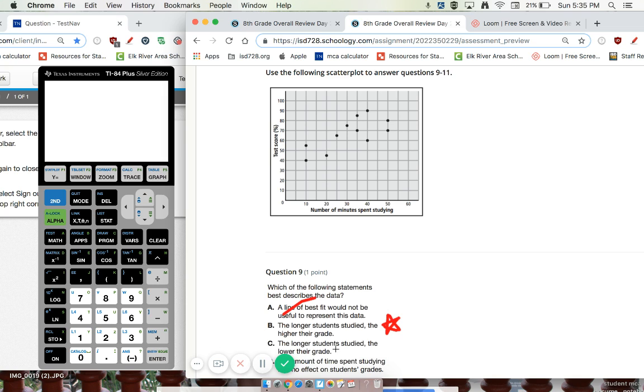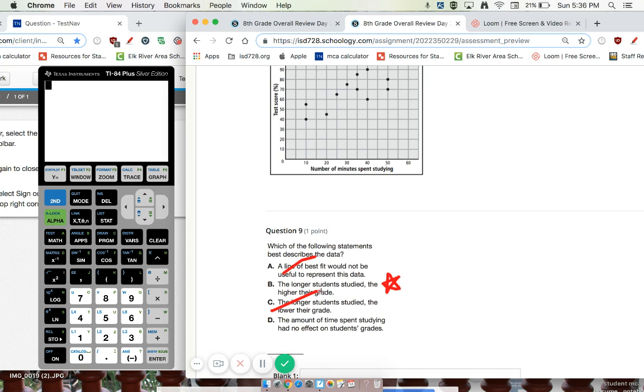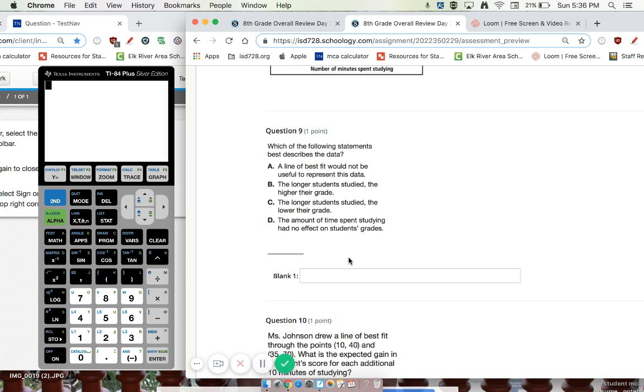The longer students studied, the lower their grade, that would be a negative slope, and this is definitely positive. So no, that one's definitely not it. The amount of time spent studying had no effect on grades. No effect would be no correlation, where the dots would be all over the place and you couldn't make a line of best fit. So that's not it. So B is our best bet, and you can type B in any way you want.